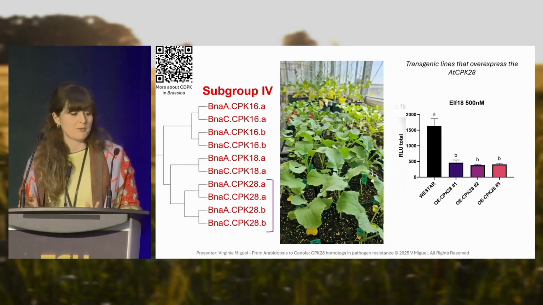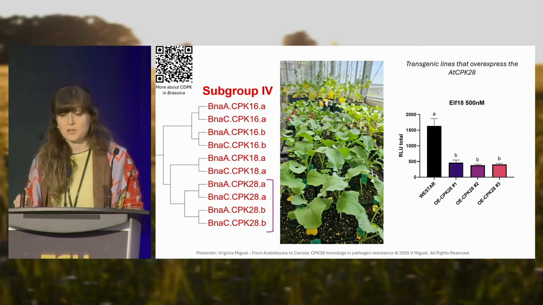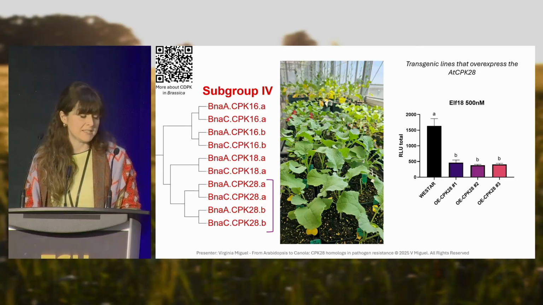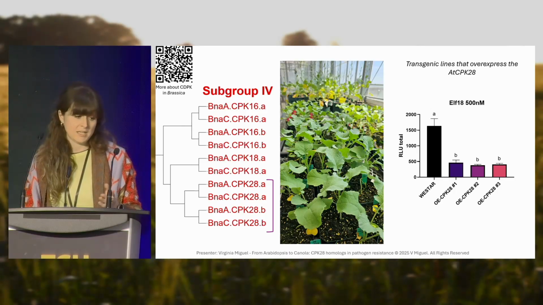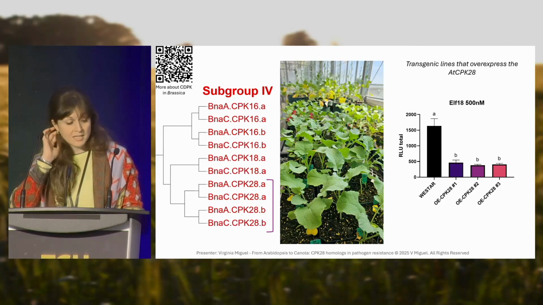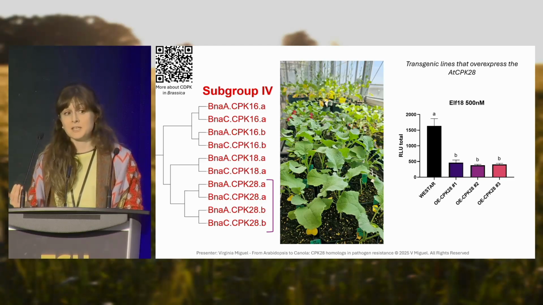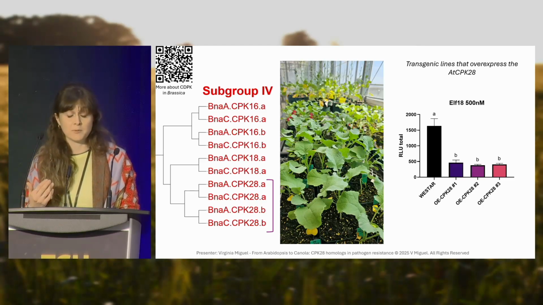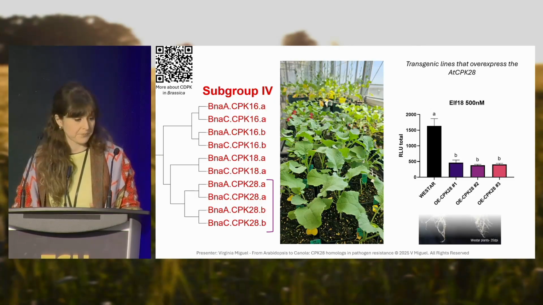But today I will talk more about the overexpressor plants, because while I was doing the CRISPR knockouts, we generated overexpressor plants of these CPKs. We elicited these plants with flg22, an elicitor from bacteria, and we found that the overexpressor plants, as expected, have lower levels of ROS, something we were expecting because we are overexpressing this protein.